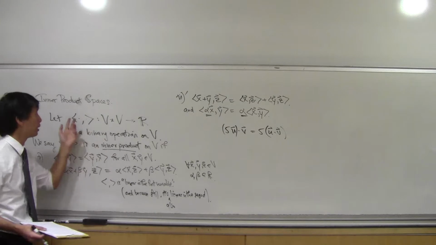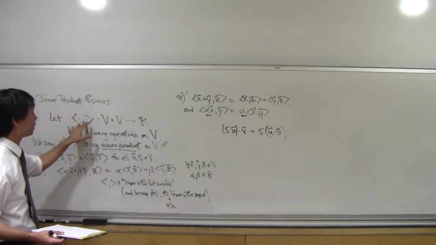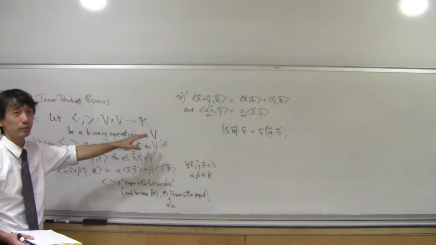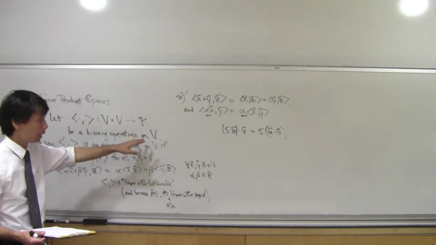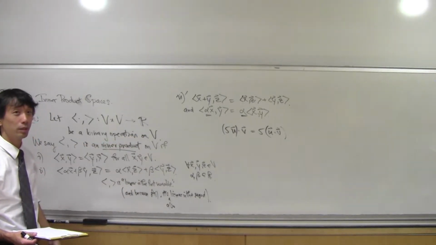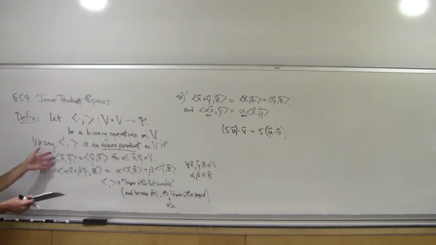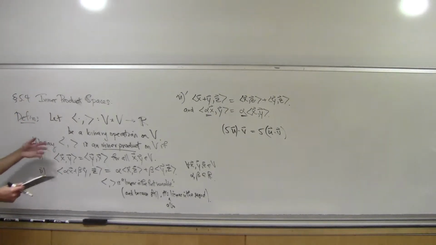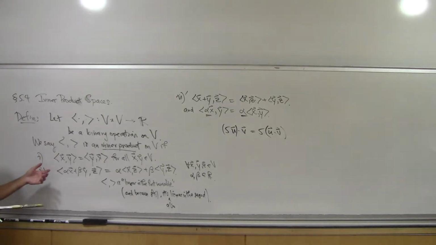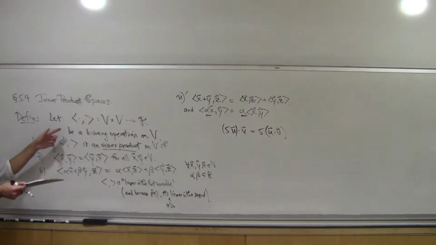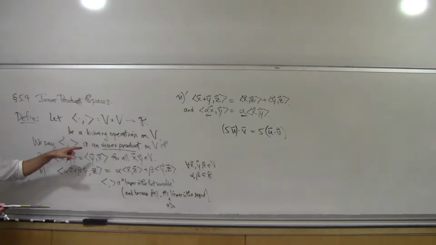You put in two vectors and it gives you a number. Wait, so here are we doing the dot product, or is it supposed to be something analogous? This is something analogous. We're basically pulling off the important properties of the dot product and saying anything that has those properties, we're going to call an inner product.